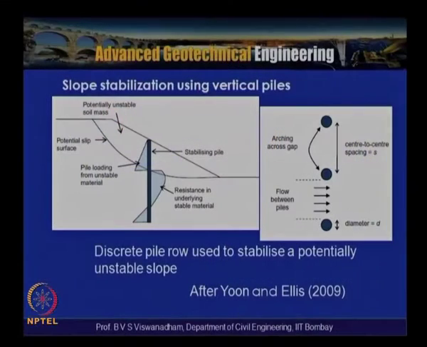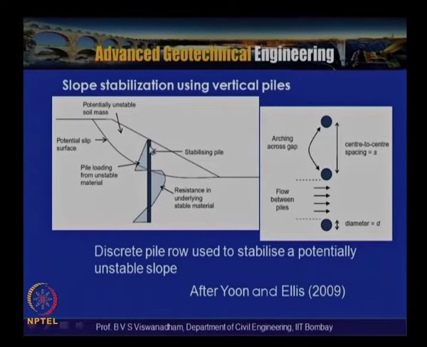According to Yoon and Ellis 2009, a similar cross section is shown here, and this is the pile loading from the unstable mass. The unstable mass exerts a loading, and this is the stabilizing pile, and this is the resistance in the underlying stable material.